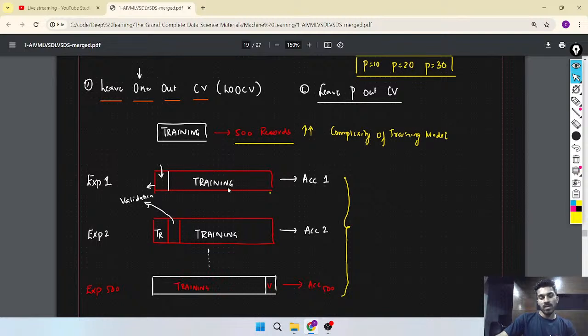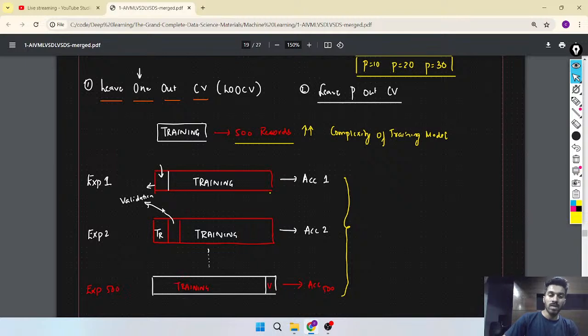In this data set, if your data has 100 points, firstly we give 90% for training and 10% for validation. The second time we take another 10% for validation, and the rest, 90%, for training. Suppose you have points 0 to 10, 10 to 20, and 20 to 100.